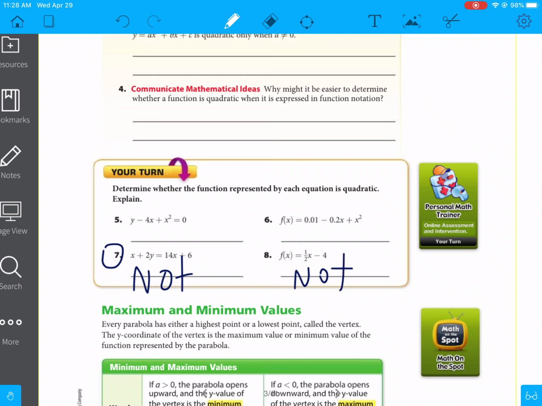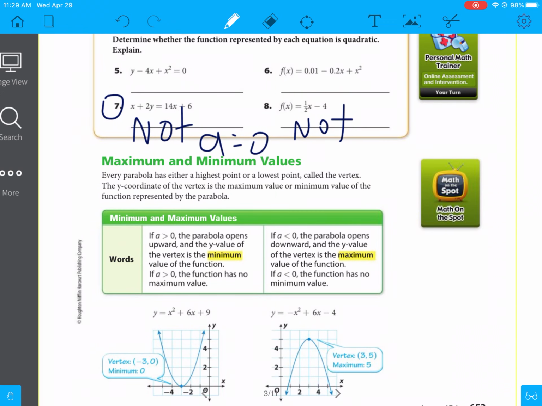So number 5, yes, that is quadratic because it could be written in the y equals ax squared plus bx plus c form. Same thing with your number 6. And number 7 and 8 are not quadratic because your a is 0. Because they don't have an x squared, so you can assume your a is 0, which makes it not quadratic, and in this case, these are linear.